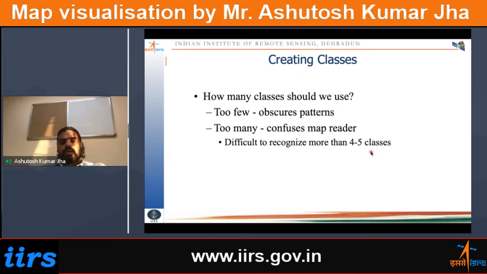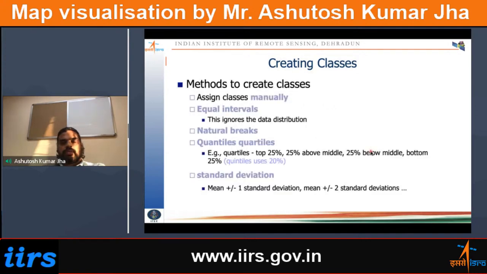And that's why most default GIS classification schemes will allow you to classify your data set in 5 different classes.